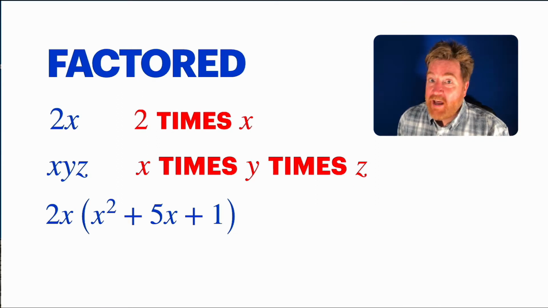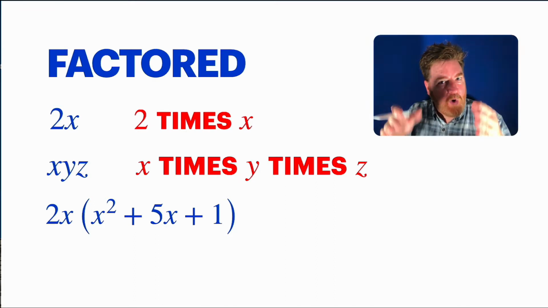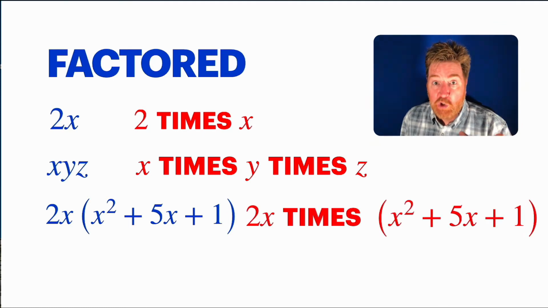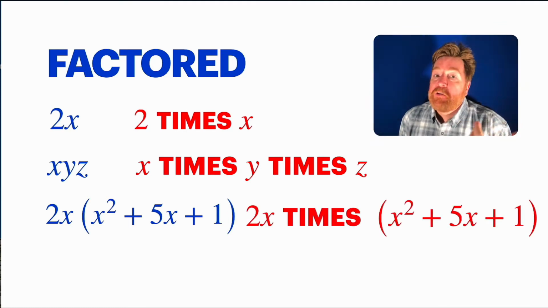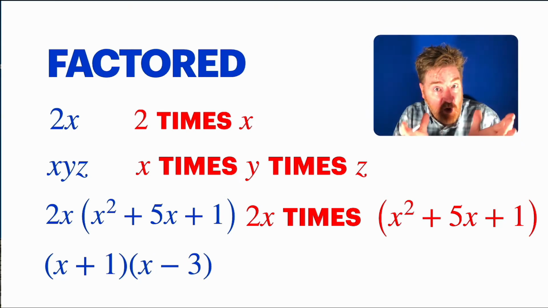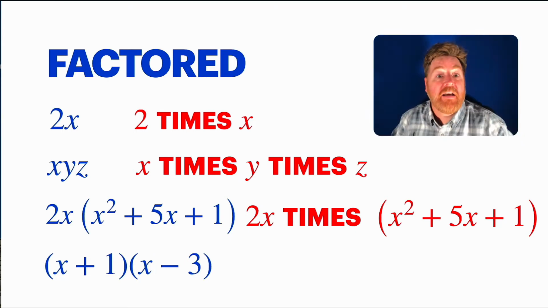Likewise, 2x times the quantity x squared plus 5x plus 1, that's factored. Don't get fooled by those pluses inside the quantity. In the end, it's really 2x times that whole expression. Just like x plus 1, that quantity, times the quantity x minus 3, right?